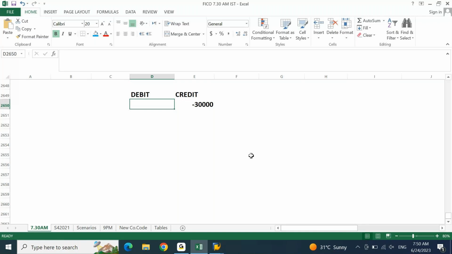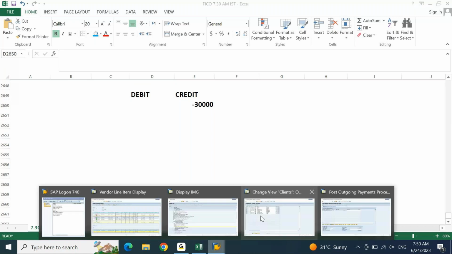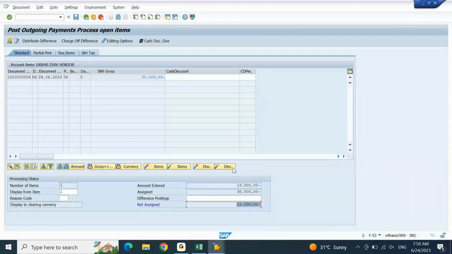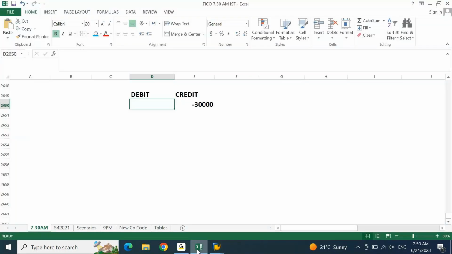Debit in the vendor account. For how much? 12,000, 18,000, 18,000. Your payment amount is what you're trying to post. This is 18,000. I'll put 18,000 here.